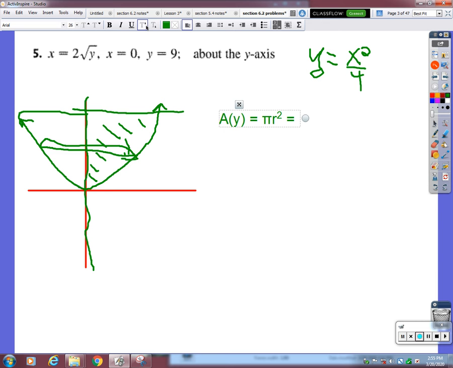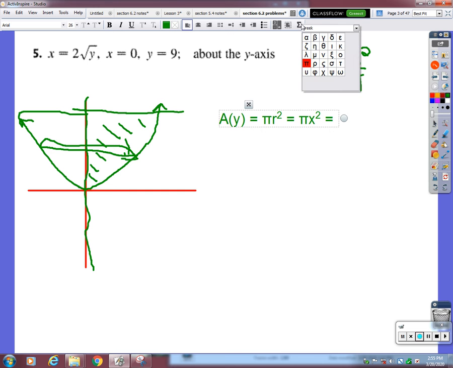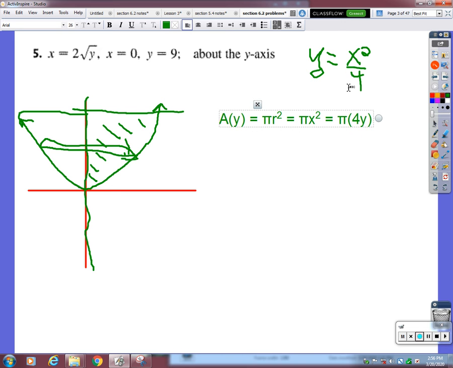In this case, the radius is, again, we're going side to side, so the radius is the distance from the y-axis to the graph in the side-to-side direction, so that means it's going to be pi times x squared. And they gave us the function for x this time. We don't have to solve it, so that is going to be pi times, I'm just going to square it, pi times 4y. Okay? So those are our cross sections.